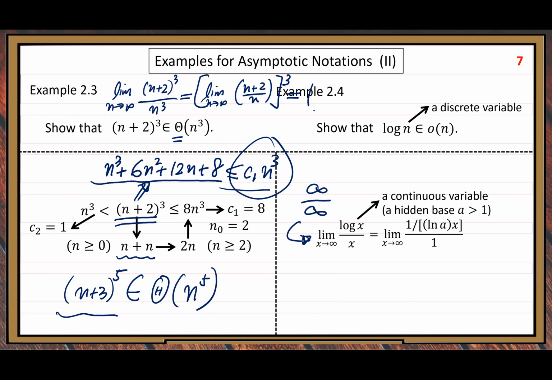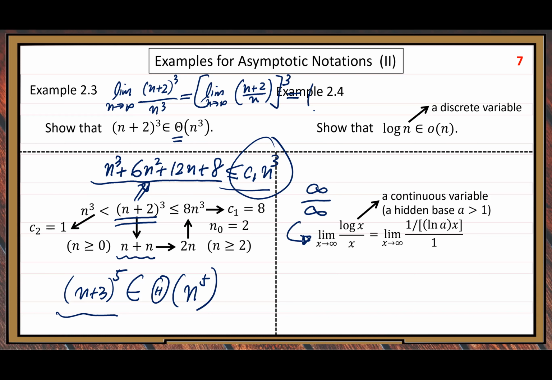We take the derivative. The numerator is log base a of x, so we can find the formula: the derivative is 1 over the constant multiple, natural log of a, times x. The denominator's derivative is 1.